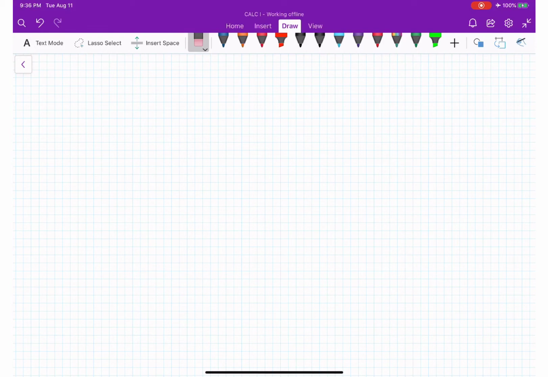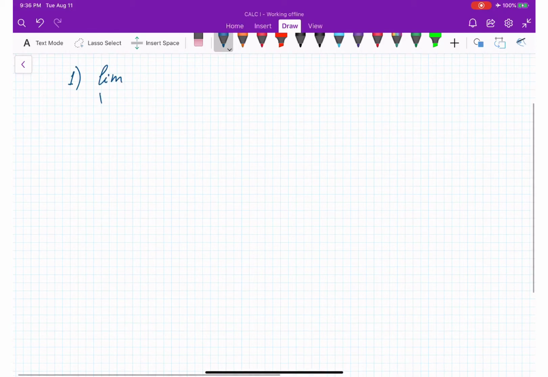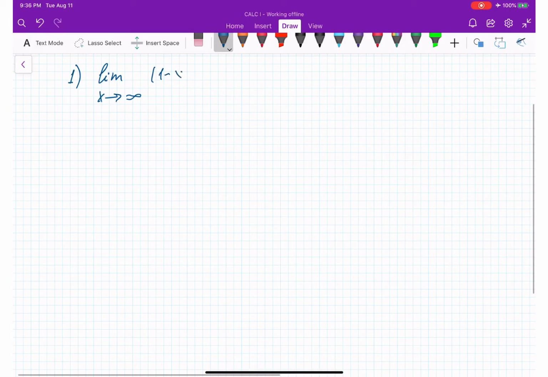We are going to work with limits of functions where the variable is approaching infinity. Let's assume we have the limit as x approaches infinity of 1 minus x. So what's going to happen?